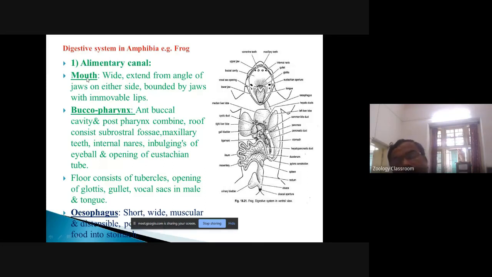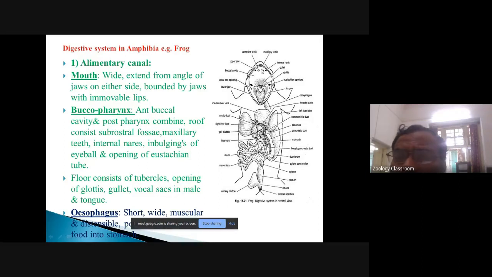Come to the mouth. If you see the mouth in the case of the frog, this mouth is wide, and it extends from the angle of the jaw. This is the angle of the jaw. And this mouth is bounded by the jaws with immovable lips.